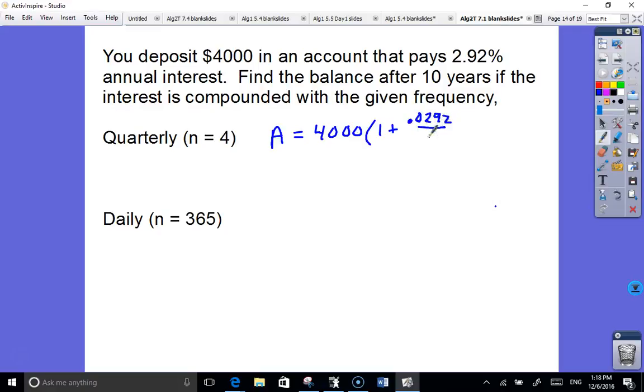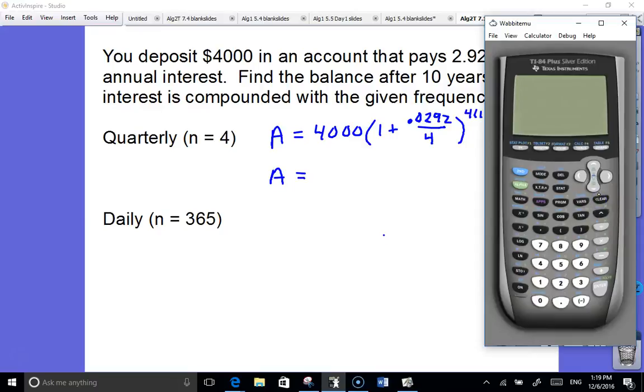Right, divided by the number of compoundings, which they just said is 4, and raised to the NT, so 4 times 10. Now you could simplify that a little bit, or you just put it in the calculator exactly like that.